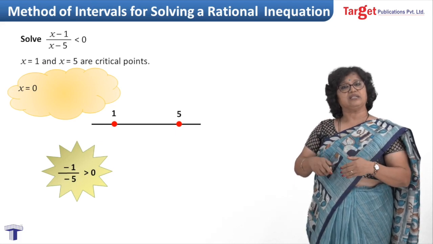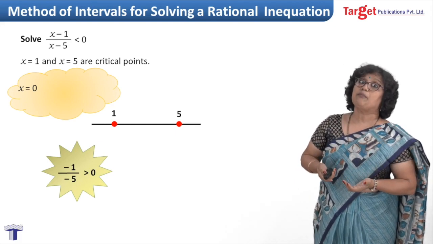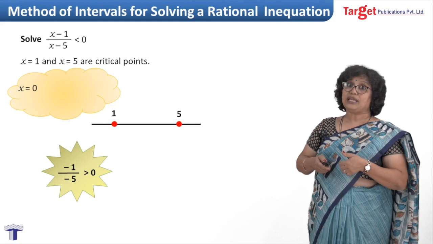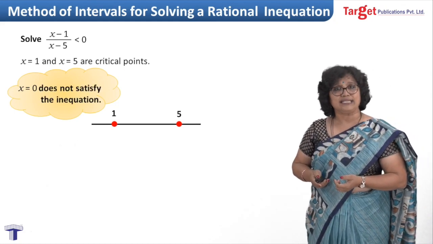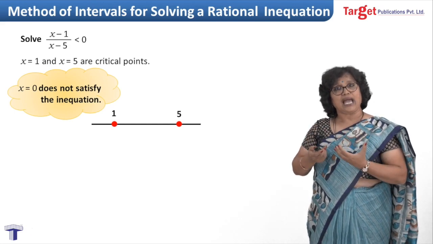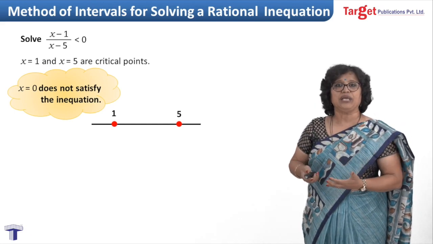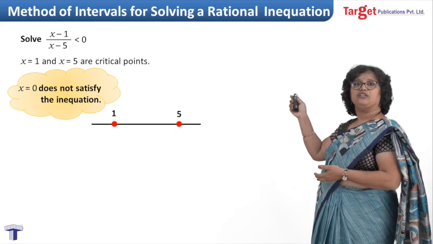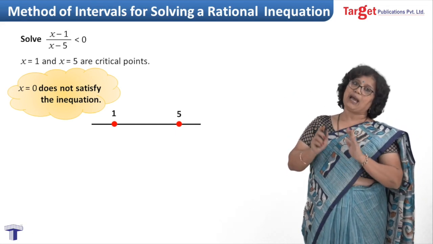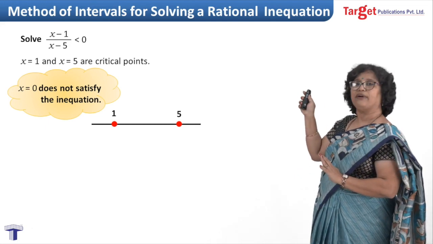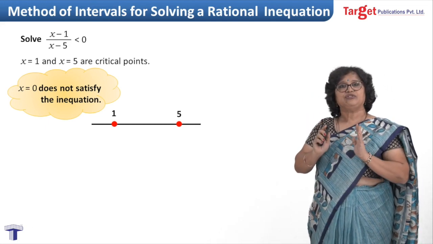It turns out to be minus 1 upon minus 5, which is positive, and what we need in the given inequation is less than 0. So x equal to 0 does not satisfy. If this happens for x equal to 0, then it happens for all the points on the left side of 1. So all the points on the left of x equal to 1 will not satisfy the inequation.